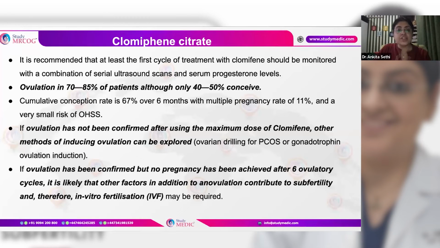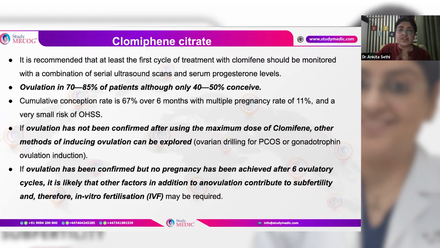So, ovulation in 70 to 85% of the patients has been reported, although only 40 to 50% will conceive. The cumulative conception rate is 67% over 6 months, with multiple pregnancy rate of 11% and a very small risk of OHSS.